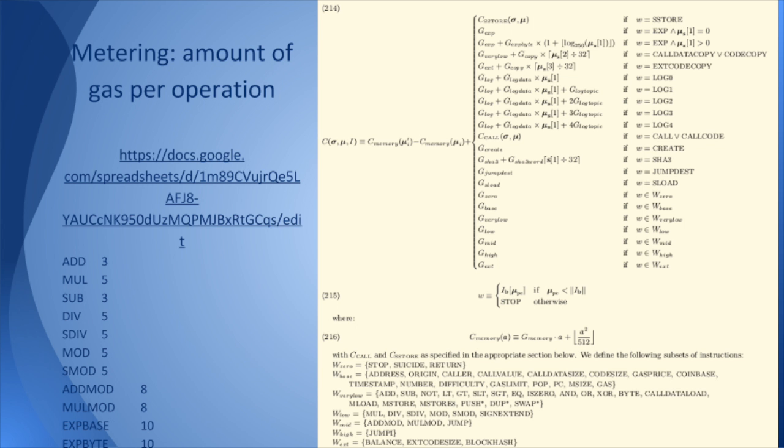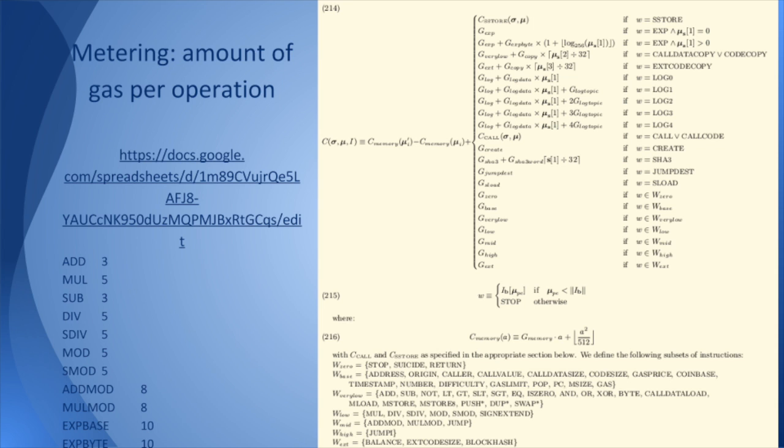Now, there's a spreadsheet that I can show, take a quick look. Okay, maybe not too good to do that. Well, here's a spreadsheet which shows the different gas values for different operations in Ethereum.